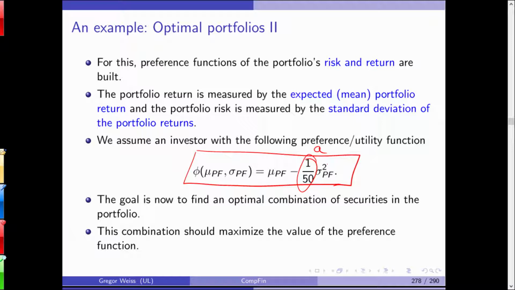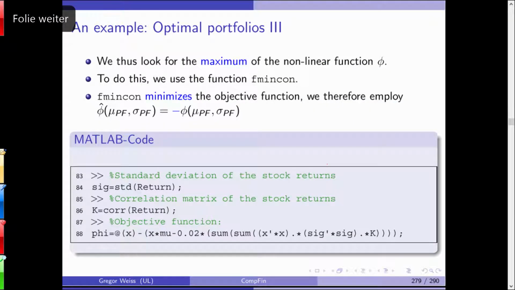Okay. Now, what can we do now? We can try to maximize this utility function, and we can try to find the best, utility-maximal portfolio. This is a nonlinear function, so we will be using fmincon, and we try to minimize this objective function by taking -phi.